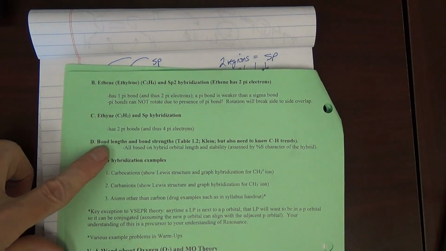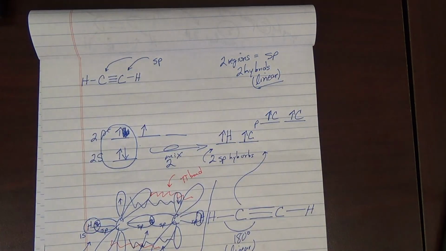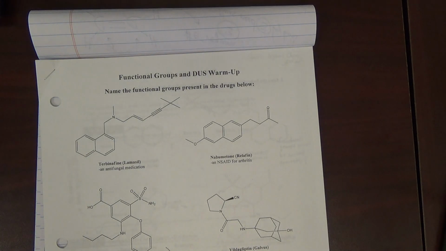Let's look at bond lengths and bond strengths. This is going to be in the functional group DUS handout.